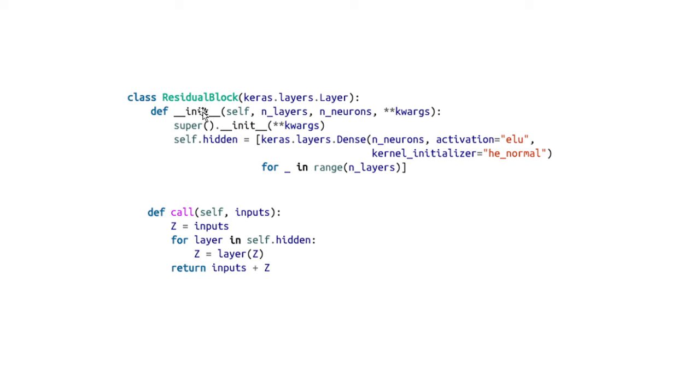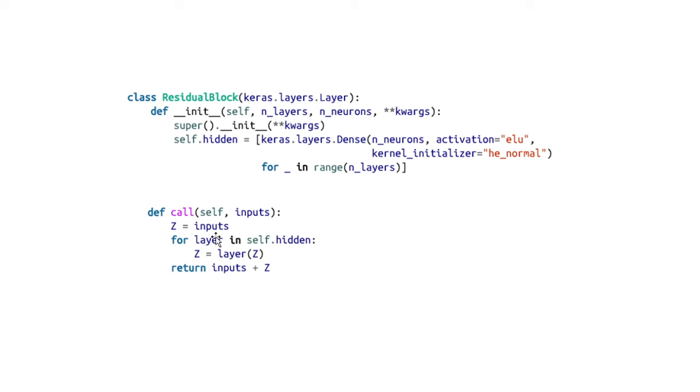So in this constructor, we are creating a hidden layer from keras.layers.Dense, which takes the arguments such as neurons, the activation as elu, and kernel initializer as he_normal. And this hidden layer is repeated a certain number of times using the for loop with number of layers. If we pass the number of layers as 2, we would create the hidden layer 2 times. And then let's move on with the call method.